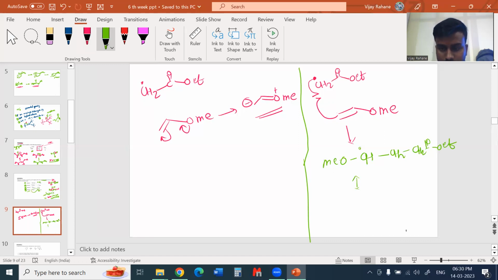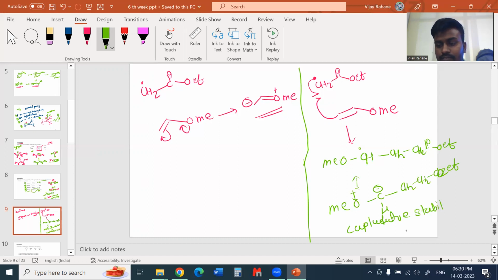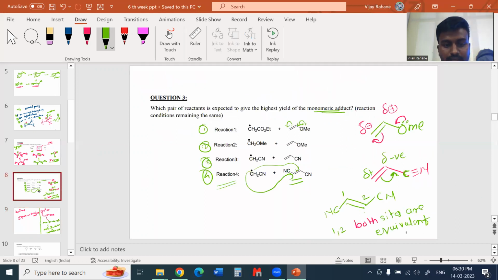So here will be a MeO plus C, OEt. See, this one is the cationic stabilization, right? So this is why, if you compare this A mechanism, this gives the highest yield of the monomeric product.